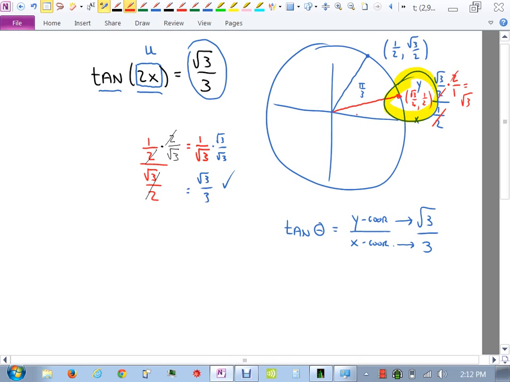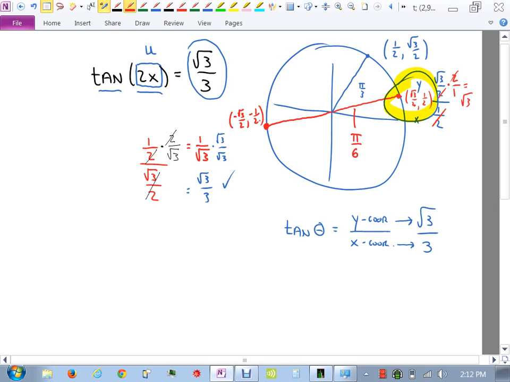So it worked at this point here. Well, what's the angle? I guess that's the more important thing. What is the angle here? Pi over 6. But is that the only place on the unit circle where I get that to happen? Yeah. Well, we want our x coordinate to still be root 3 over 2 and our y to be 1/2, but they can both have the same sign. In other words, if we go directly across, this point here, negative root 3 over 2, and then negative 1/2.